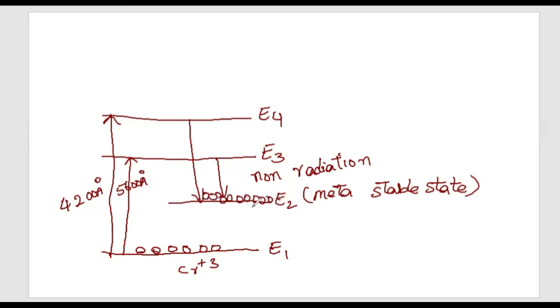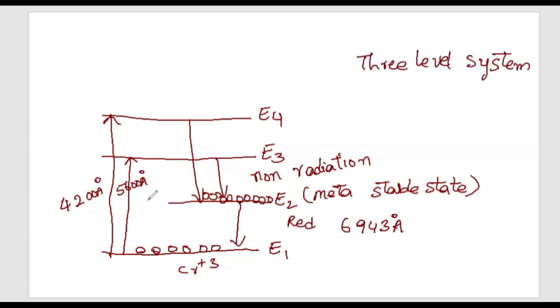And once population inversion is achieved, the atoms come down to E1 by stimulated emission, releasing the laser radiation, which is red color, having wavelength 6943 angstroms.